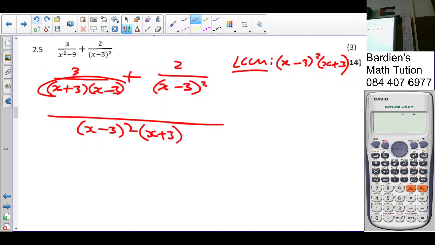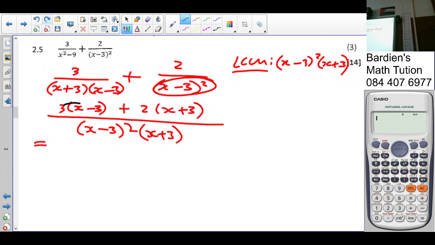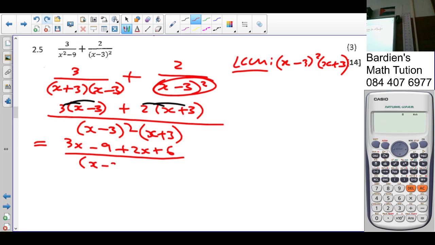So what must this be multiplied by to get the LCM? x minus 3. So it's 3 into x minus 3. What must this be multiplied by? x plus 3. So I'm going to get 2 into x plus 3. So again we multiply out here. Get rid of the brackets. So it's 3x minus 9 plus 2x plus 6 over x minus 3 squared into x plus 3.